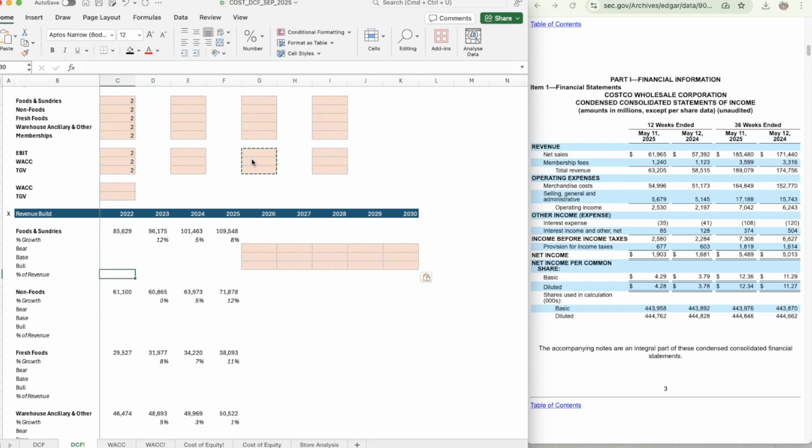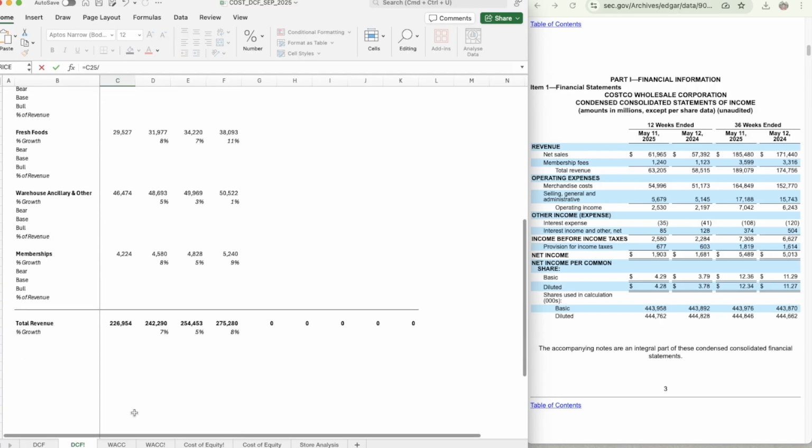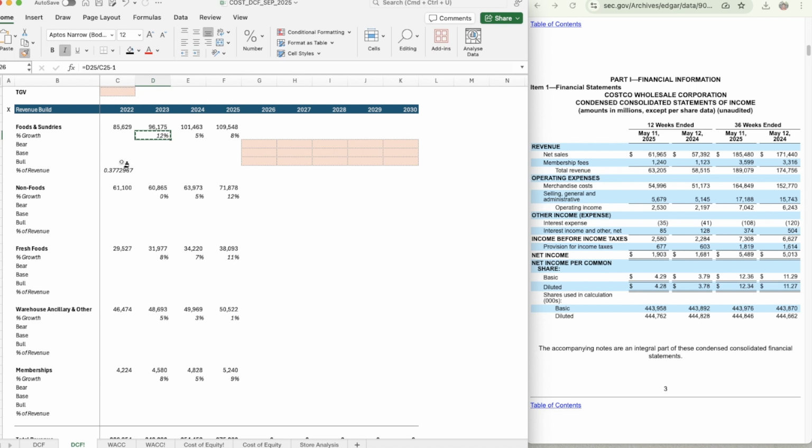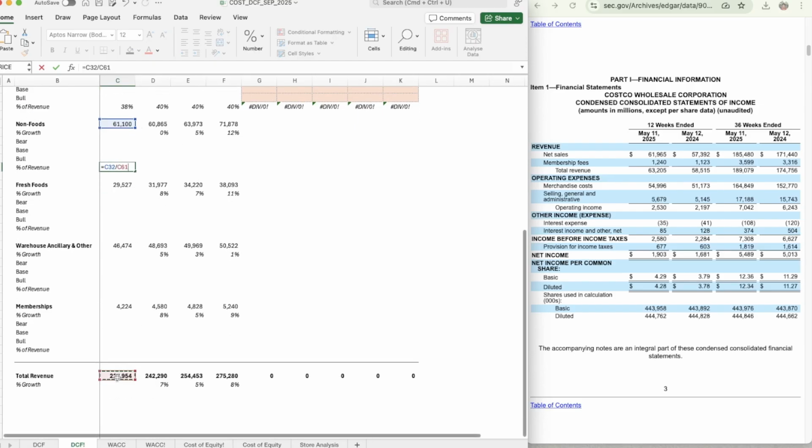Actually, let's work out what each revenue segment is as a percentage of total revenue, because particularly on the memberships and the margin, it will be quite interesting to see, because Costco, I guess, sells its products at pretty much cost, and then it makes its profit on the membership fees. So we should imagine that they're fairly similar.